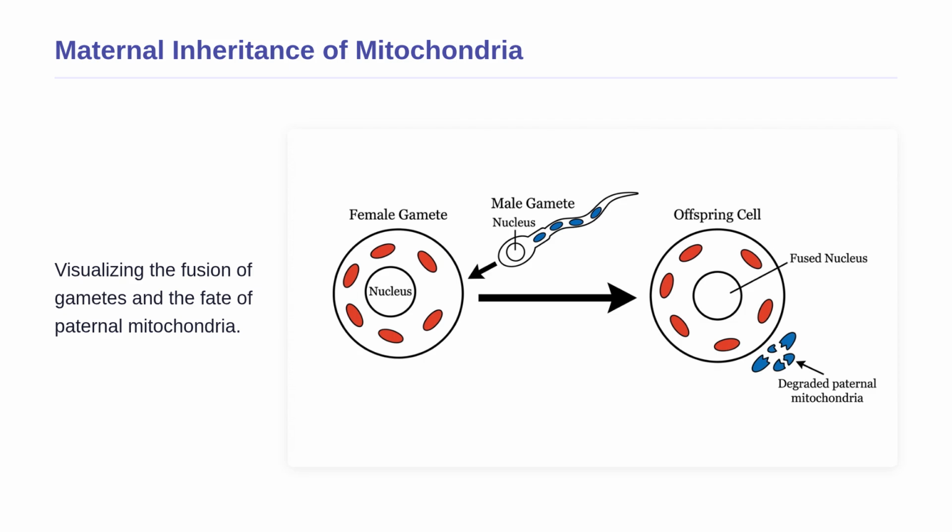When they fuse to form the offspring cell on the right, the egg provides all the cytoplasm. Notice what happens to the blue paternal mitochondria. They are actively degraded and destroyed. Therefore, the new offspring cell inherits its power plants exclusively from the mother.